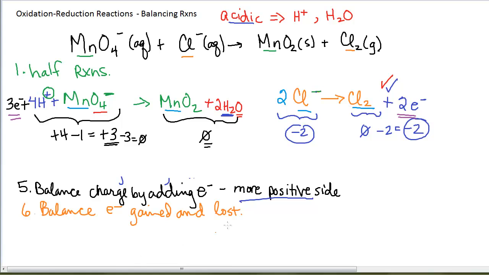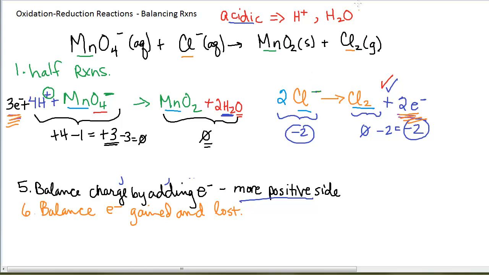The next step is to balance the electrons gained and lost in both half reactions. These 2 half reactions make up the redox reaction that is taking place in my overall balanced reaction. So what that means is if the left-hand half reaction, in terms of where I've written it here, needs 3 electrons, they have to get those 3 electrons from somewhere. They're going to get them from this right-hand half reaction, but this right-hand half reaction is only producing 2 electrons as balanced.